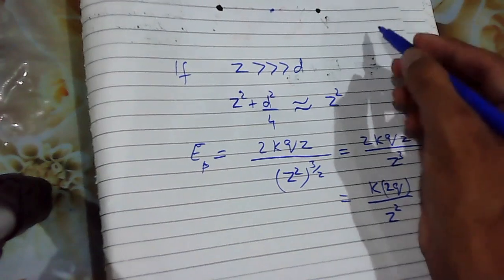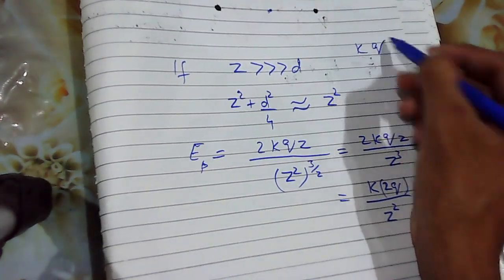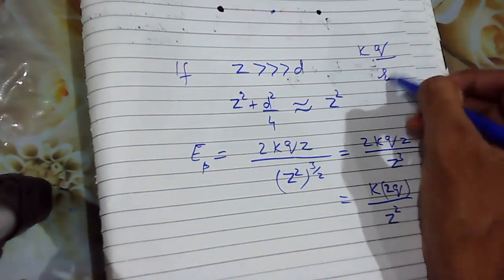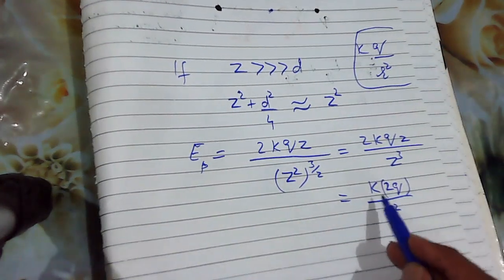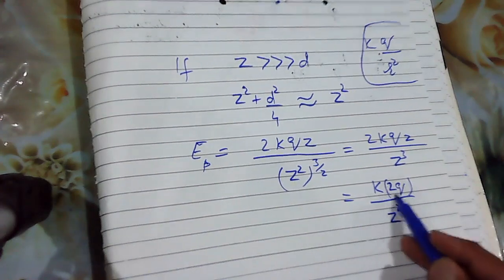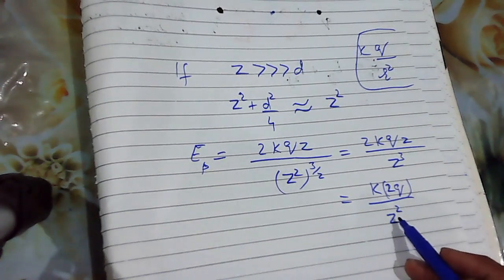We know the electric field due to a point charge is kq divided by distance square, whatever the distance is. Here the same is the expression, k multiplied by charge divided by distance square.